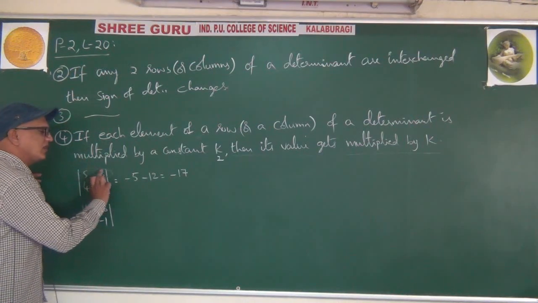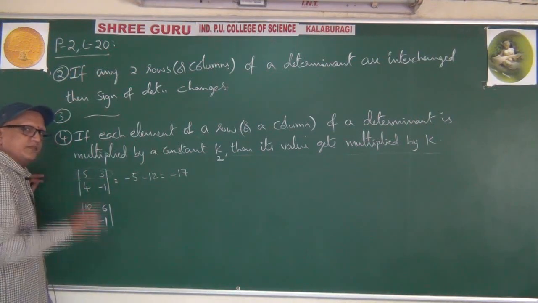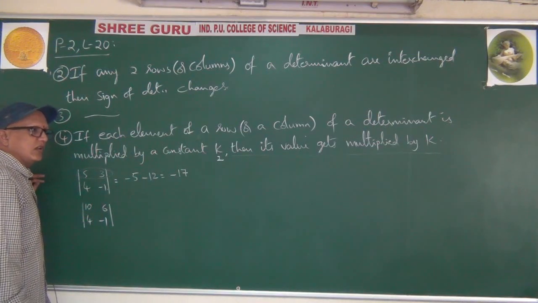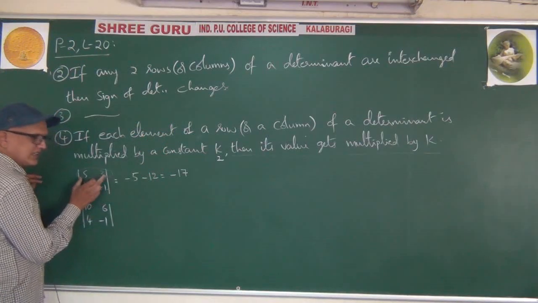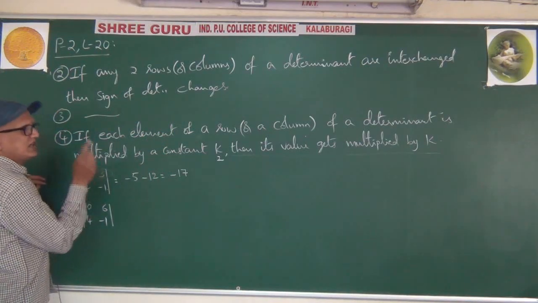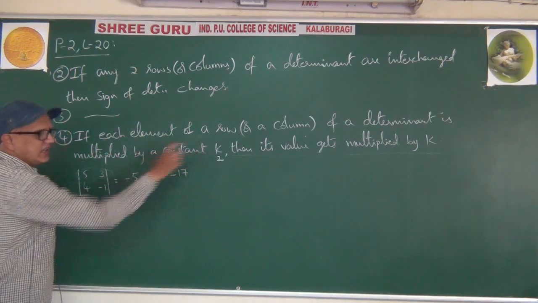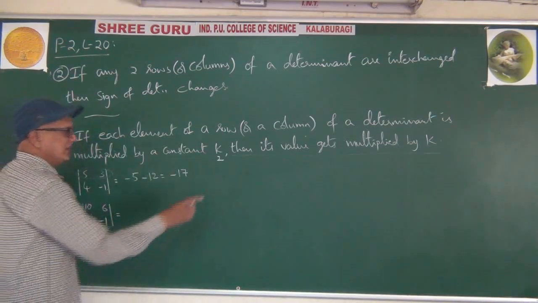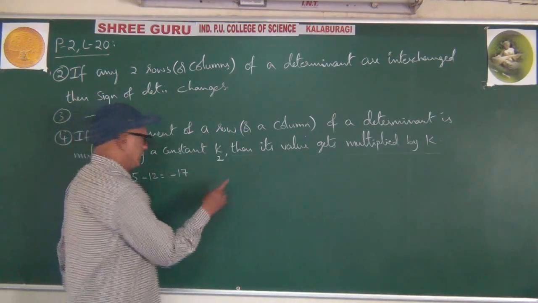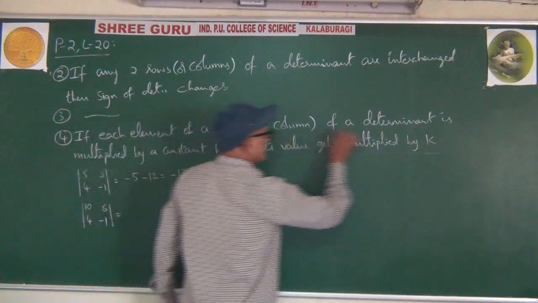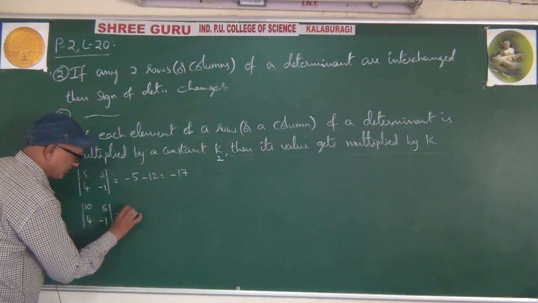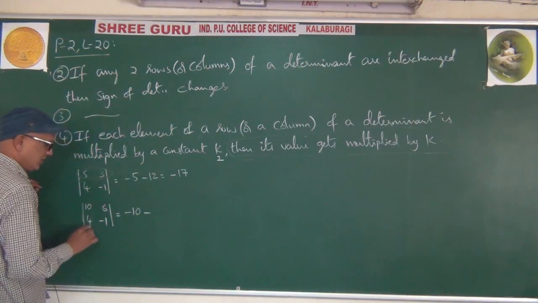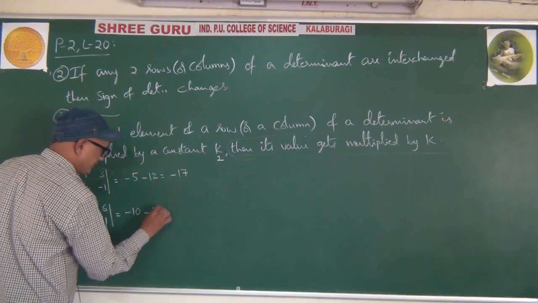Either this column or this column, but only one row or only one column. So I have selected this row, and each element I am multiplying with the constant k. Then let us see what will happen. Whatever answer we get, if you see that answer, you can understand this. Let us see what we get. 10 into minus 1 is minus 10, minus 4 into 6 is 24.